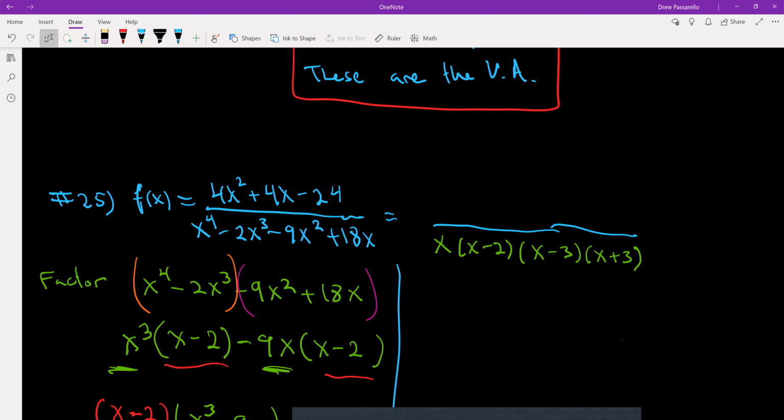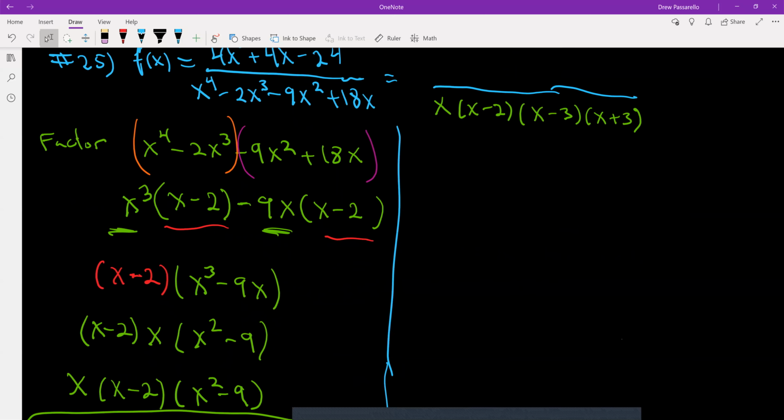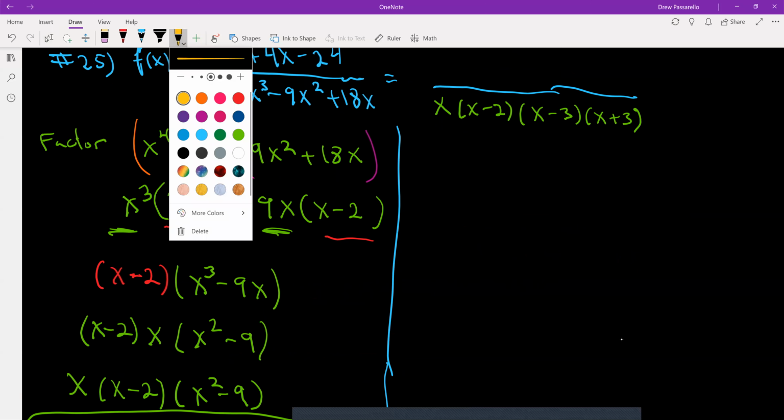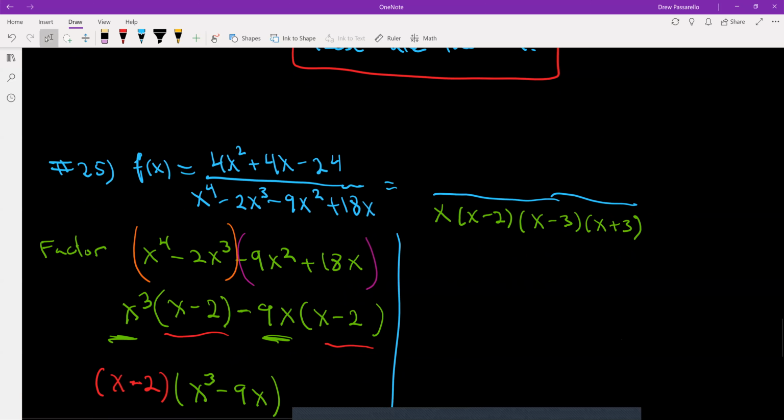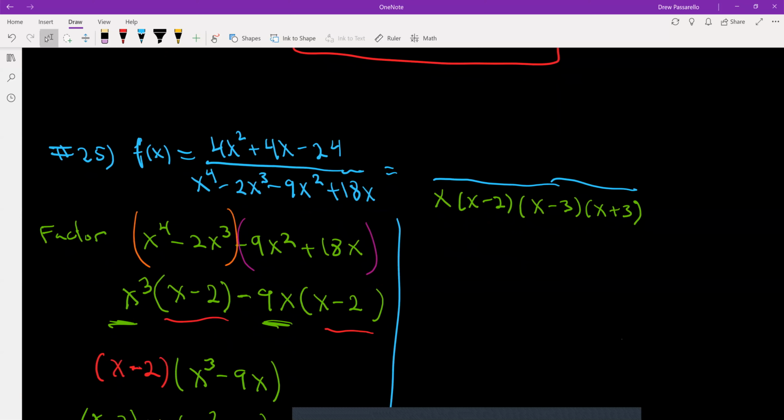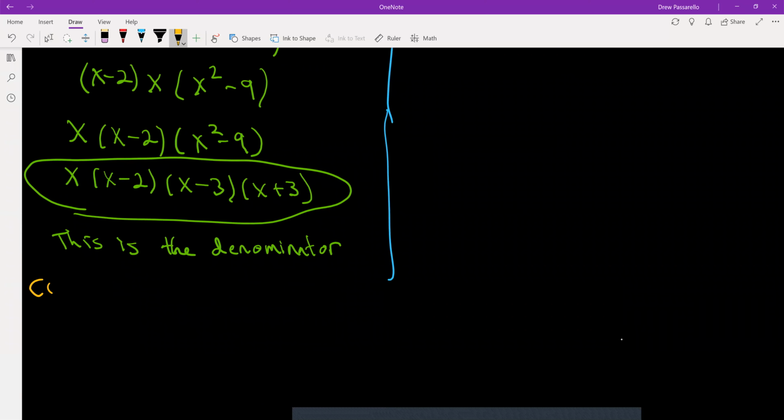All right, so as a comment, I would expect to see some work to get this denominator. Now, if you don't show work at all and just went from this step to the next step, I would take some points off, and it's a math class, so I need to see some work to prove to me that you know how to do the factoring. So comment, I would need to see all of this factoring.